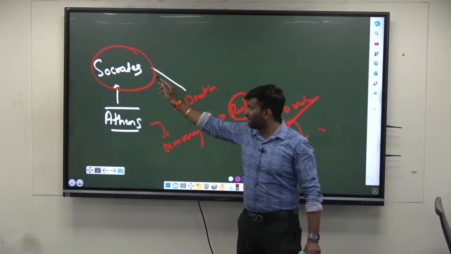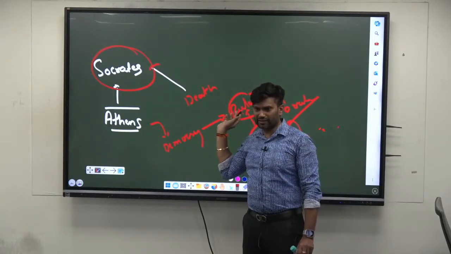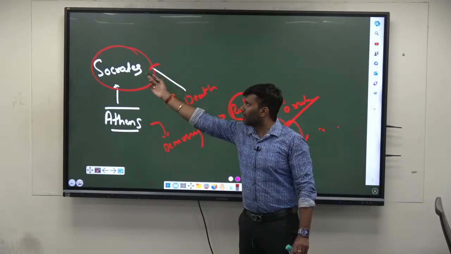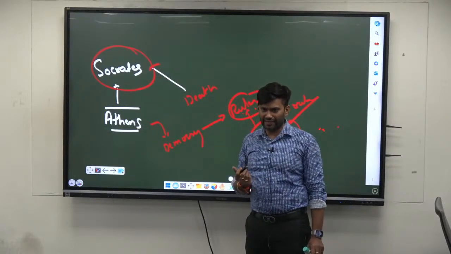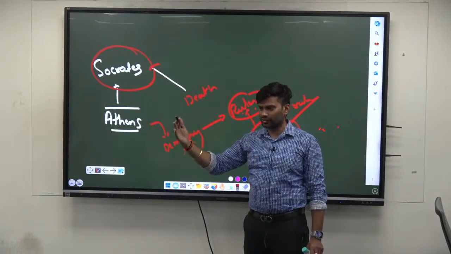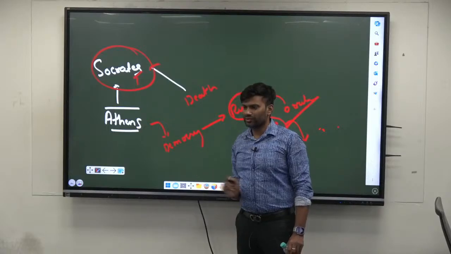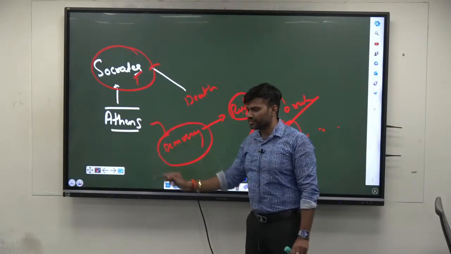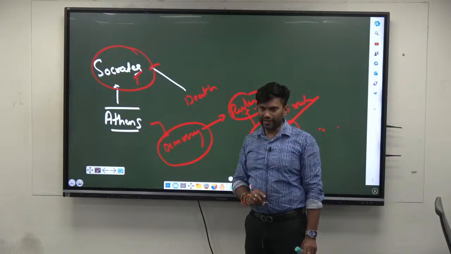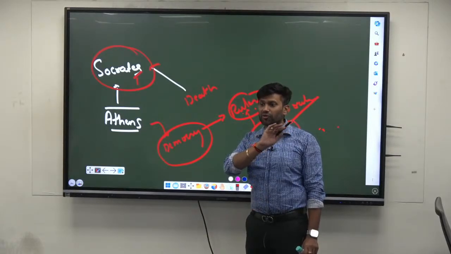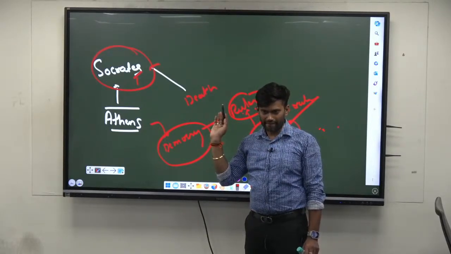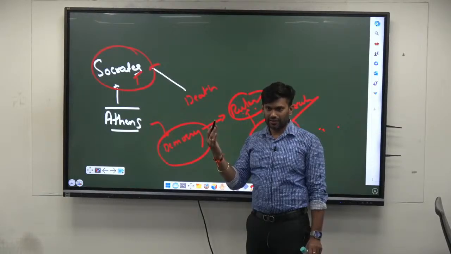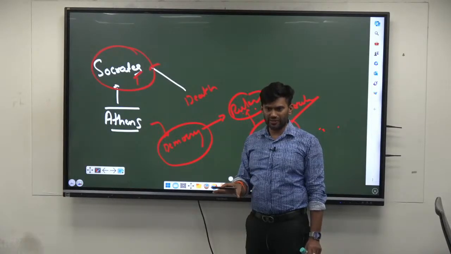He felt that since these rulers did not have true knowledge, they could not comprehend what Socrates was saying, and that is why they felt Socrates was a threat to the state and condemned him to death. This made Plato develop hatred towards democracy, and he considered it the worst form of government. Now he started a search for the alternative to democracy.